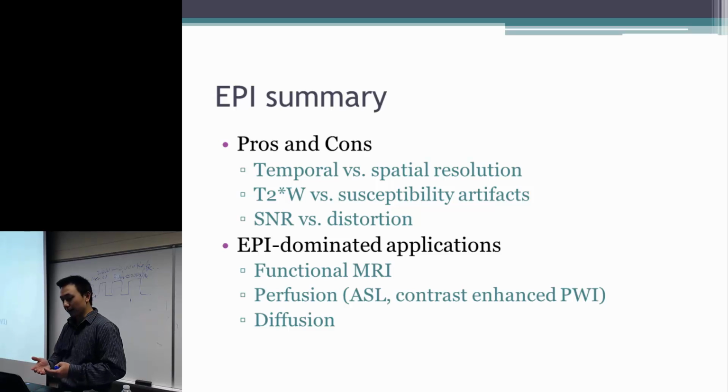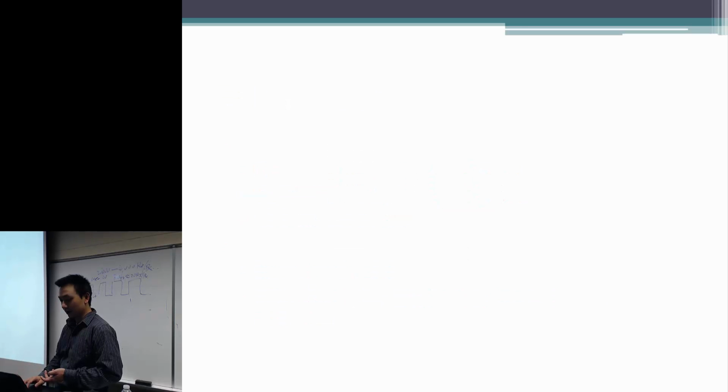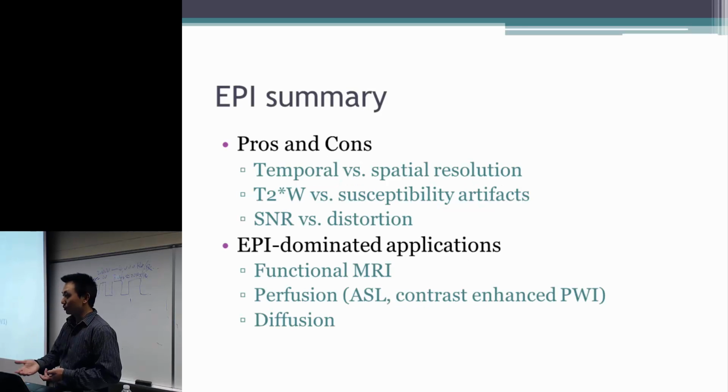And also for EPI, we use EPI mainly because of T2 star weighting. But T2 star weighting is also very susceptible to susceptibility artifacts, just like we saw before, the signal dropouts near the sinus, the air tissue boundaries. So we need to make a compromise between these two things.